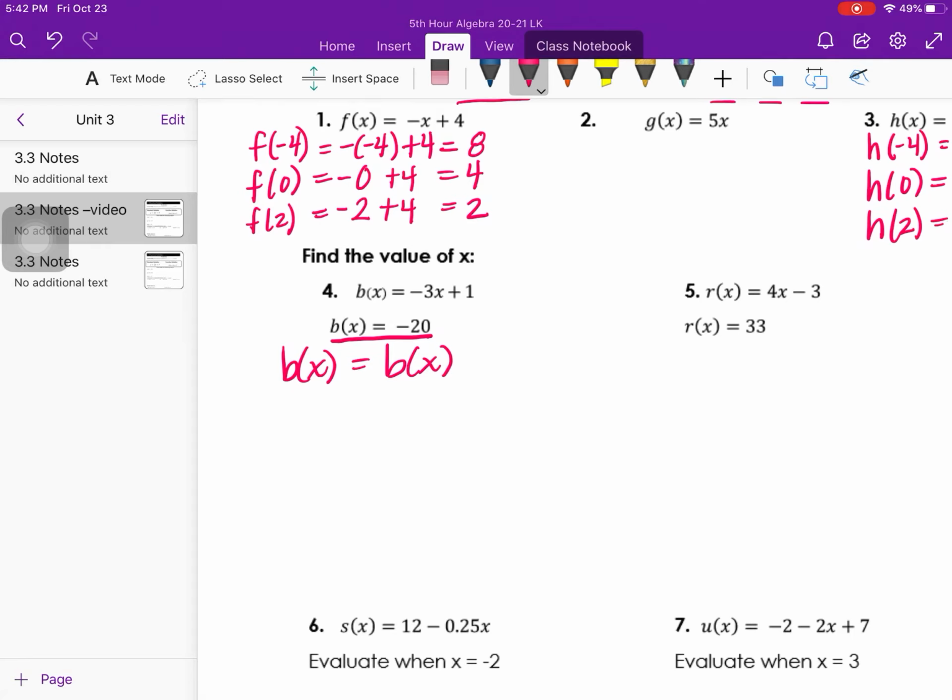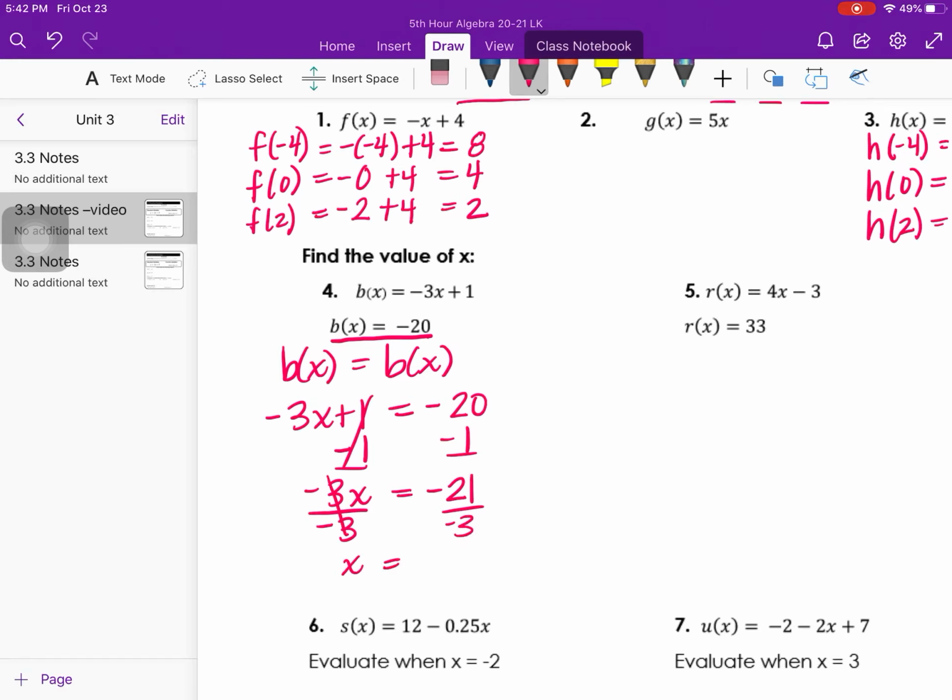So I'll put negative 3x plus 1 equals negative 20. And now I'm solving a two-step equation. So we will subtract 1 and subtract 1. Negative 3x equals negative 21. And then we will divide by negative 3.